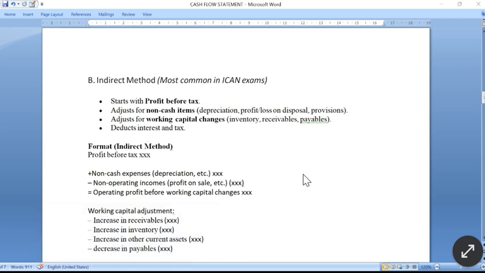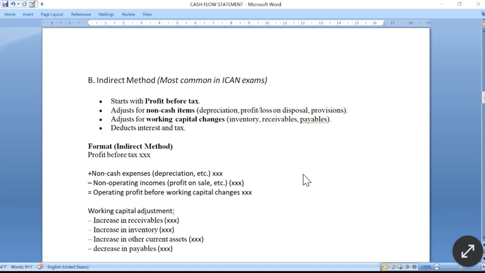Deduct interest, deduct tax, and then you arrive at the operating cash flow, as it were. It's as simple as that. So just why I put this in bullet, the four things to do under the indirect method, just know it, put it in your head. Every other thing will flow directly.